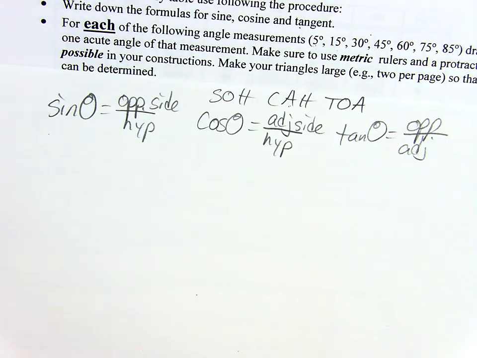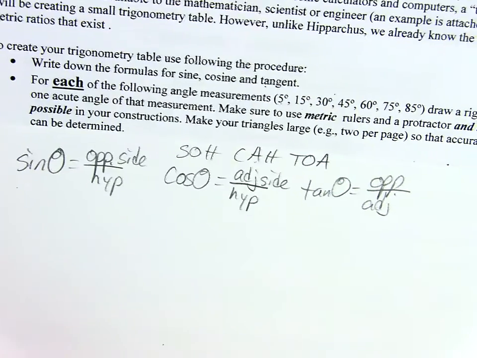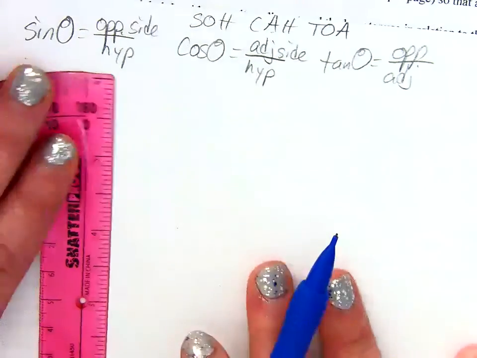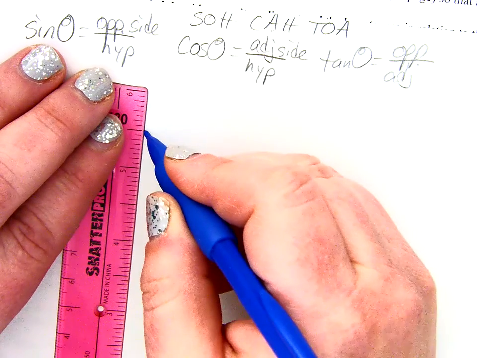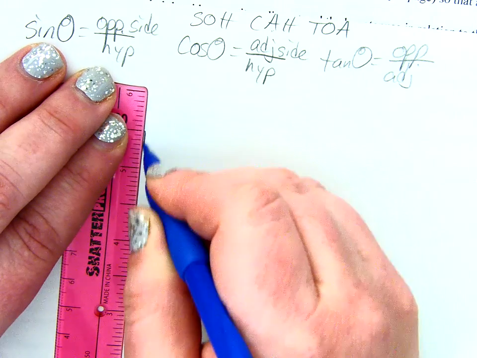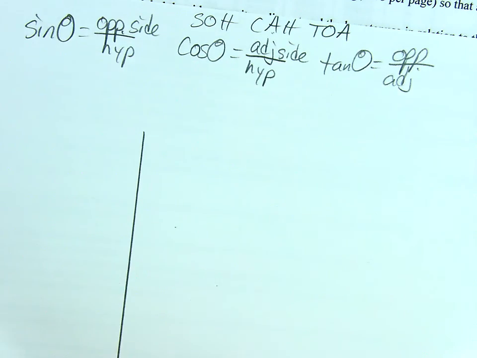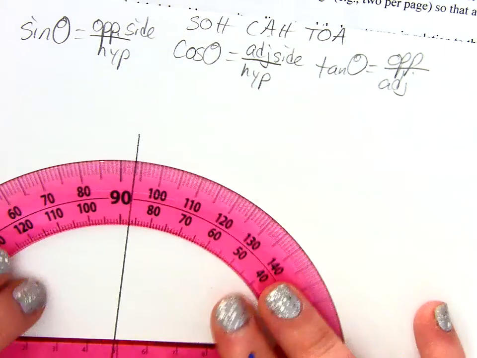So for example, if I was going to do this first one, that was a 5-degree angle, okay? I would start off by making a 90-degree angle, okay? Make it nice and big. Make sure it's 90. Use your protractor.